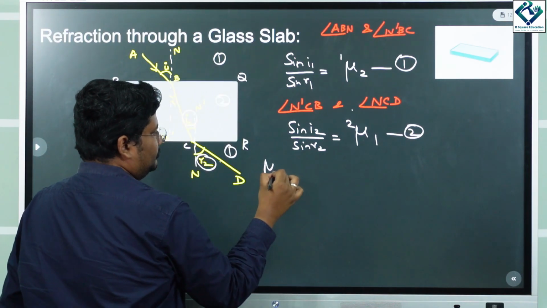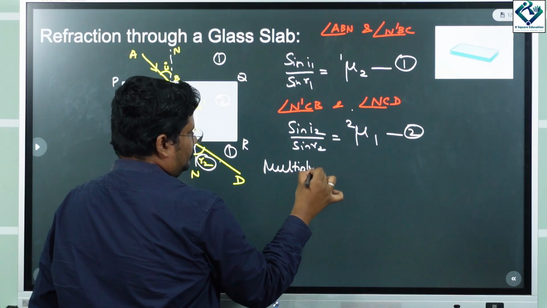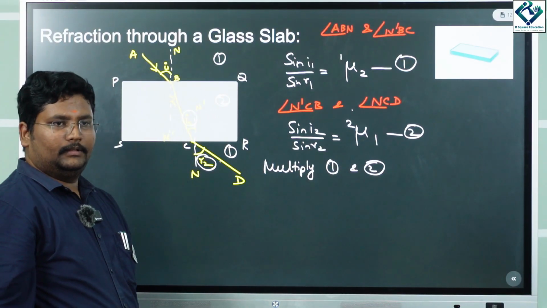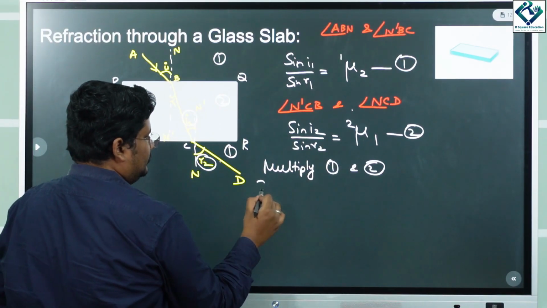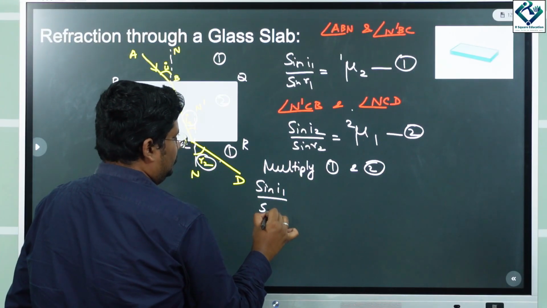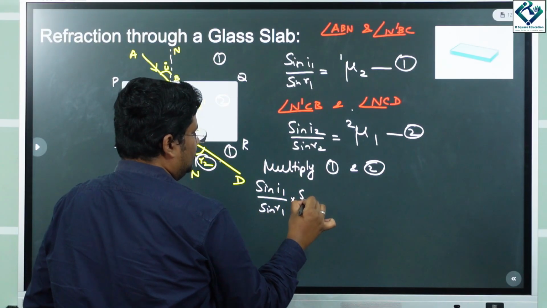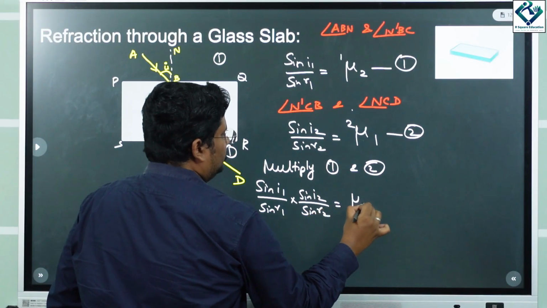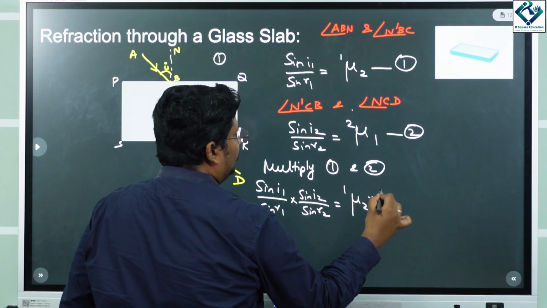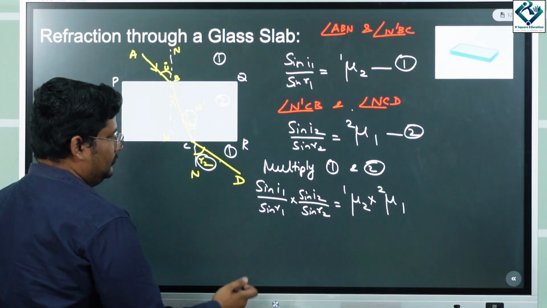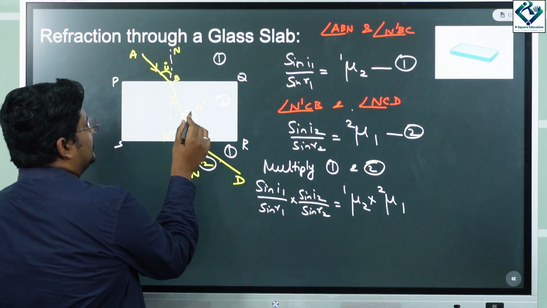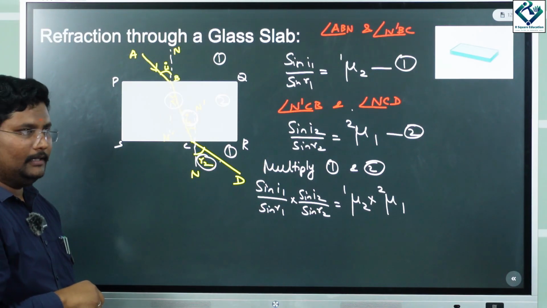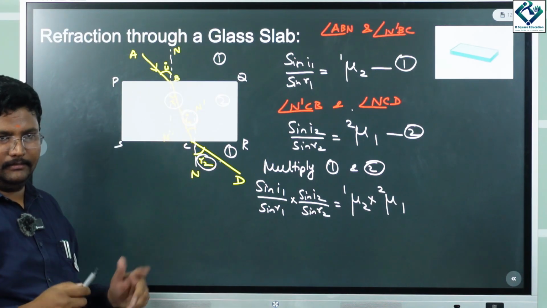Now multiply 1 and 2. You'll get sin I1 by sin R1 into sin I2 divided by sin R2 equal to mu21 into mu12. Now we know pretty well that this angle and this angle are going to be the same. Why? Because PQ and RS are parallel.